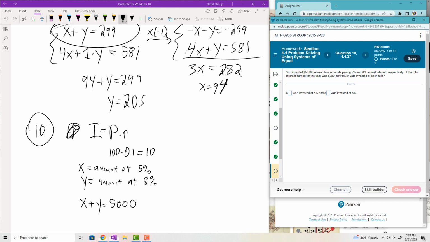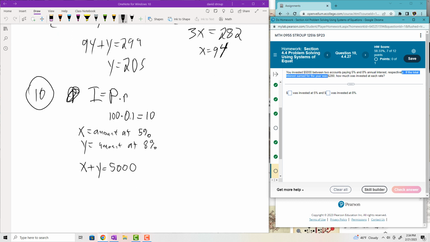And then it says the total interest earned was $280. So the interest from the 5% account, how much interest is that? That would be the rate times the principal, or the principal times the rate. Let's write it the other way around though. The rate would be 0.05 times the amount in the account. So this is the interest from the 5% account.